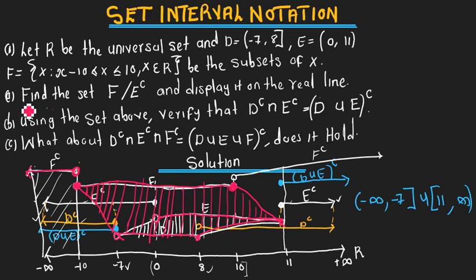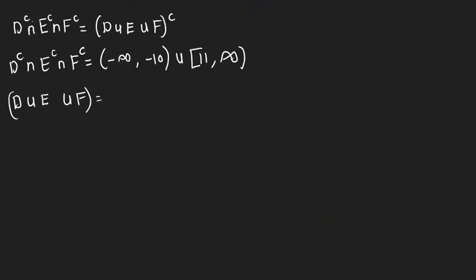Where everything is ending, there was an open circle at E, so this time around it's going to be a closed circle, all the way to positive infinity.